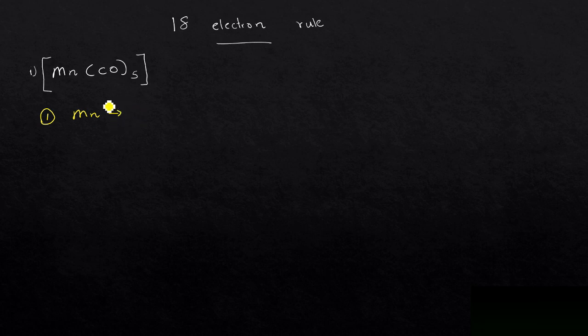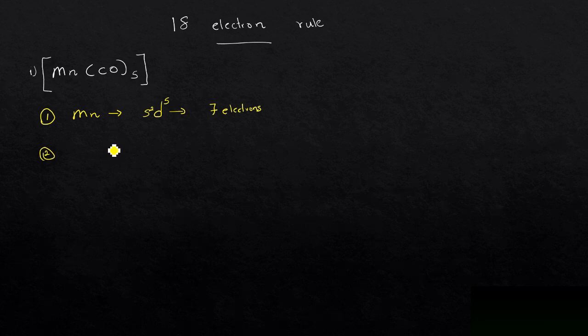Manganese contains S2 D5, which makes the total number of electrons 7. That's the first step.